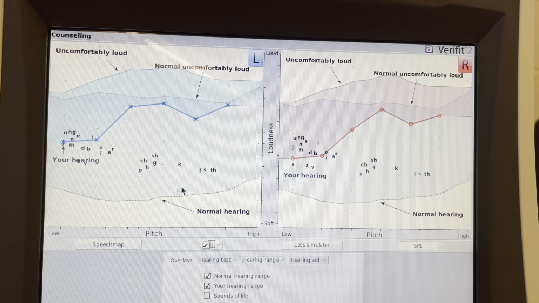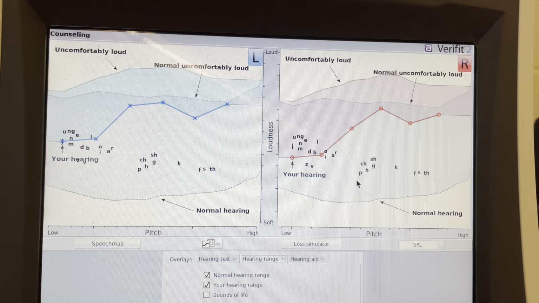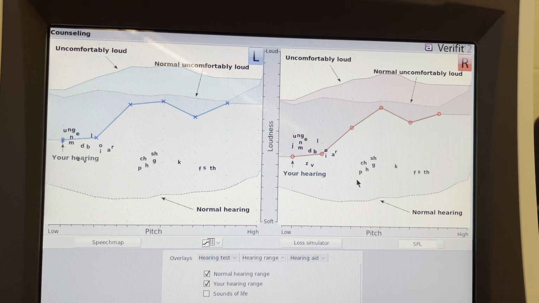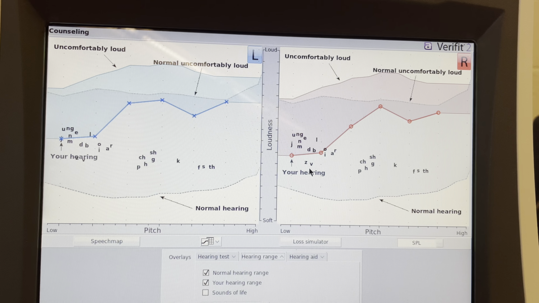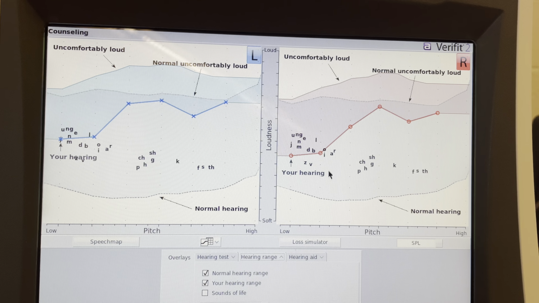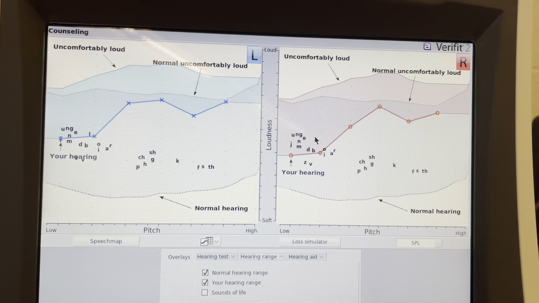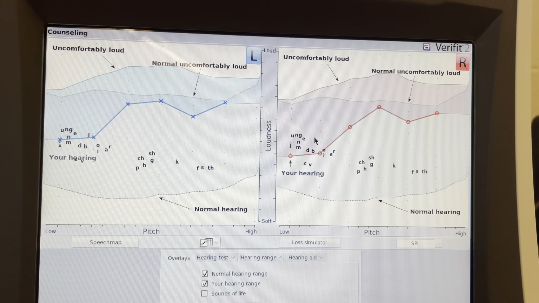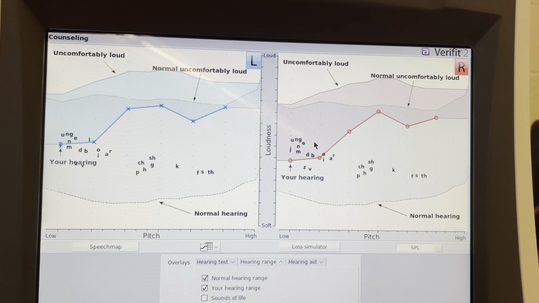So when she doesn't wear her hearing aid, she's missing all of these speech sounds. And remember, she probably had hearing loss for a while before she got hearing aids. And I'm not sure how long that was, but she probably was only hearing these sounds right here, which obviously is going to have a big impact on how she understands speech and therefore language and therefore all of her learning and education. So that's very important to remember.